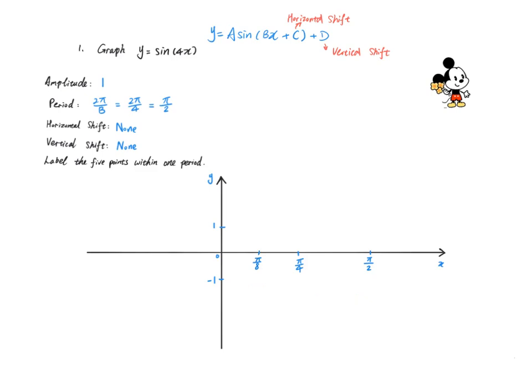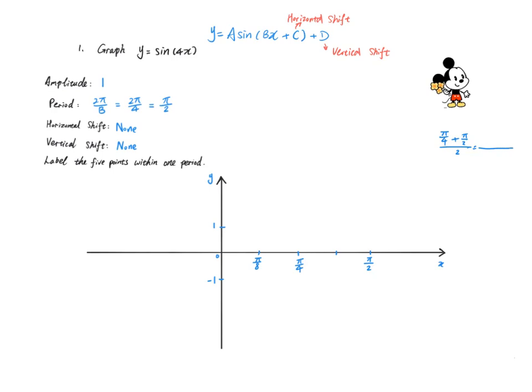Now we need to find the midpoint between pi over 4 and pi over 2. That is the more complicated one. So yes, I would recommend you show that work on paper, okay? So pi over 4 plus pi over 2, divided by 2. What is pi over 4 plus pi over 2?